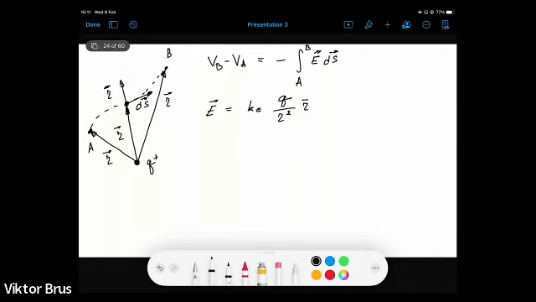Now let us focus on the argument of the integral, the body of the integral, and how it will look in our particular case when we deal with a point charge. So E vector dot product with ds vector will be equal to, instead of E vector, we substitute its expression: KEQ divided by R square times R unit vector times displacement vector.